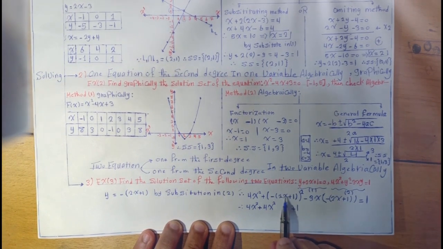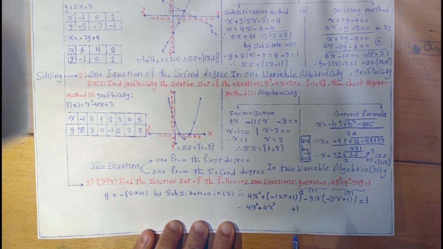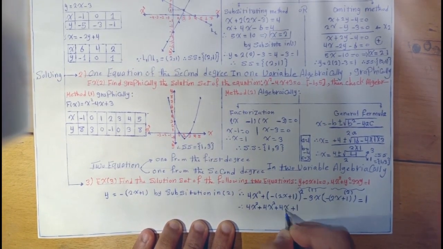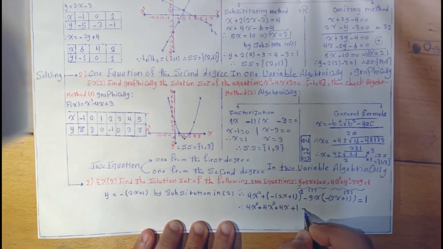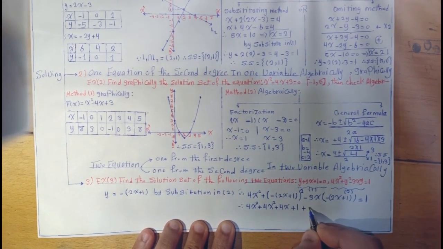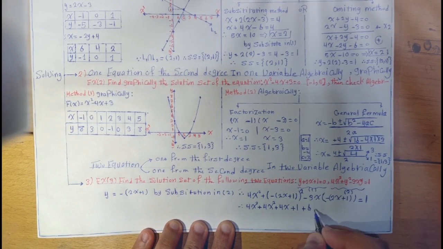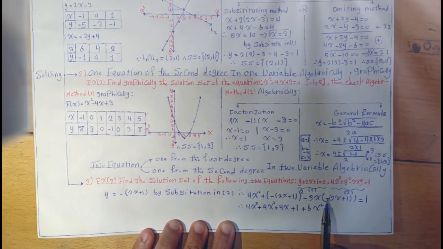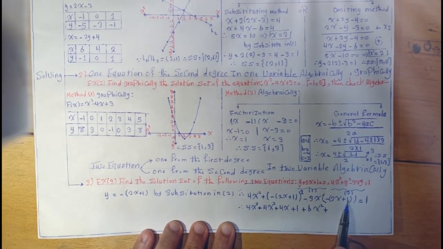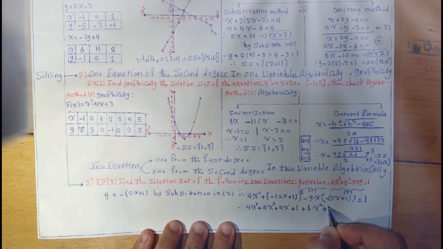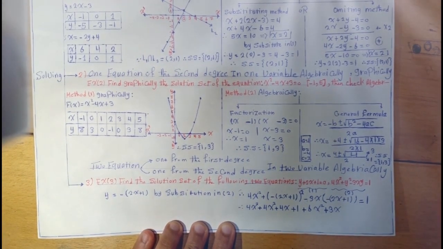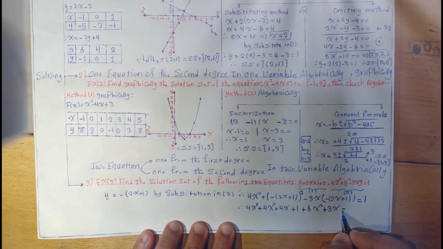The first term times the second term times 2 equals positive 4x. Okay, negative 3 times negative 2 equals positive 6. x times x equals x power 2. Negative times negative equals positive, yes. And 3 times 1 equals 3, okay. And x times 1 equals x. Okay, equals 1.